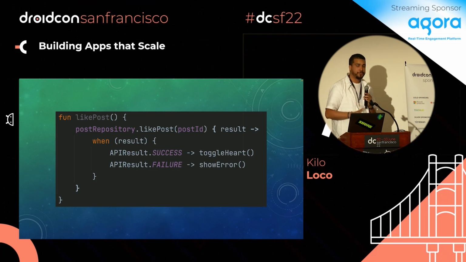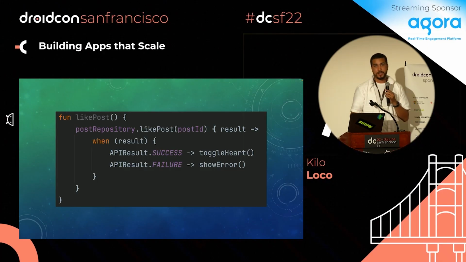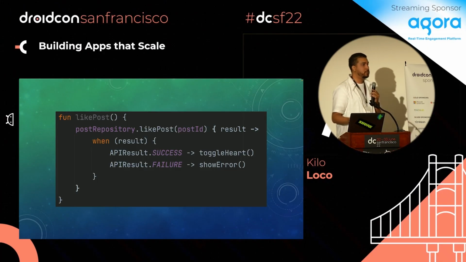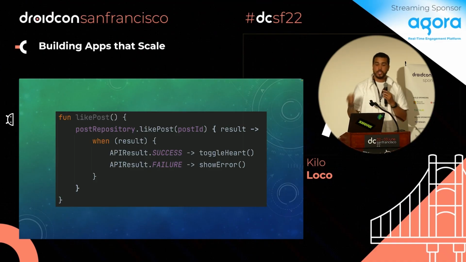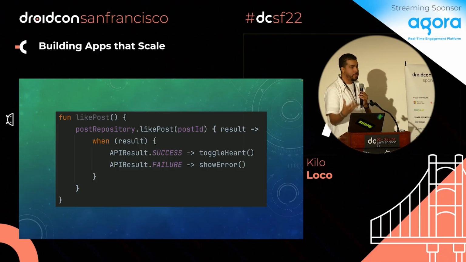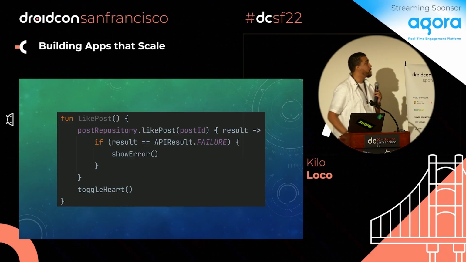Overall, you want to update the UI based off of the user interaction, and even if that interaction were to fail, if you were to like that post and that failed, it is better to show the user that the interaction went through, that it's working, and then maybe present some type of error.